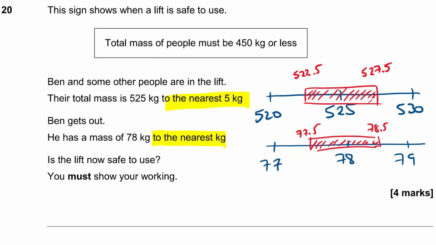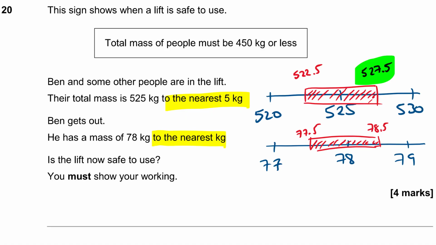Okay, let's think about everybody in the lift. We've said that they must be between 522.5 and 527.5. Now let's err on the side of caution and consider them to be at the upper bound. Now obviously it can't be precisely 527.5 because that would round up to 530, but 527.4999 recurring would round down, so that's pretty much the same thing anyway.